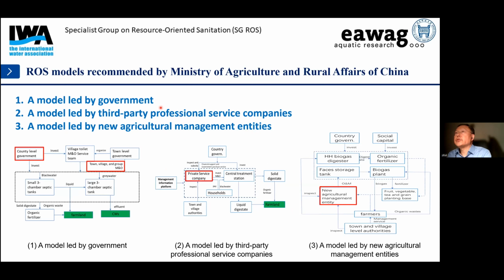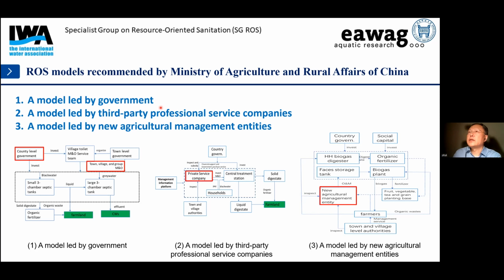And resource-oriented sanitation is always addressed in China. That's the reason that in 2021, these models were recommended by the Ministry of Agriculture.